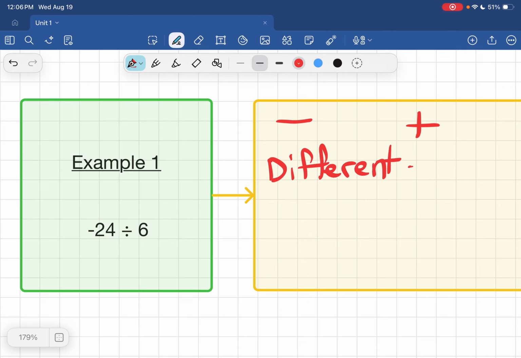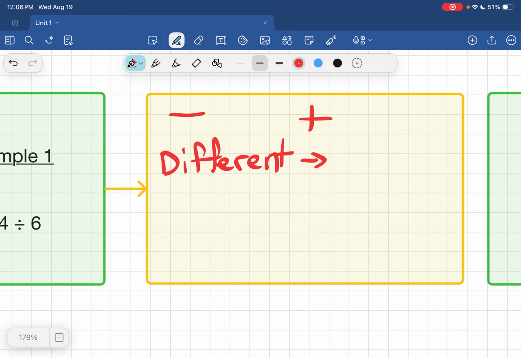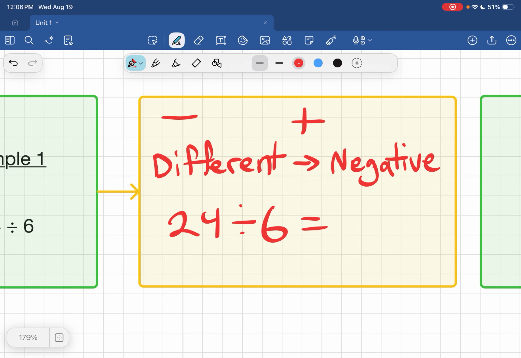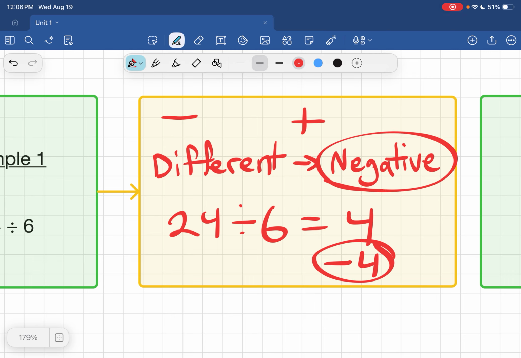Different is negative. So then 24 divided by 6, the answer is 4, and because different signs make a negative, the answer will be negative 4.